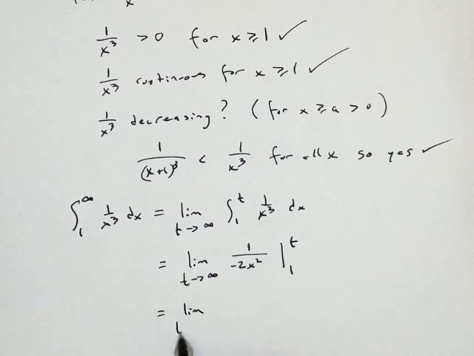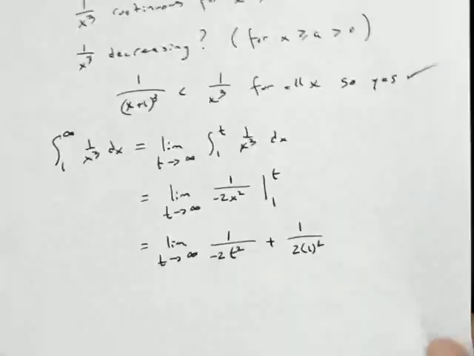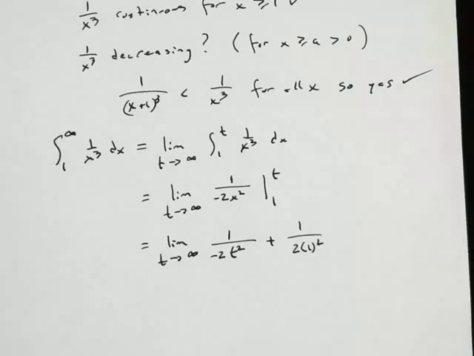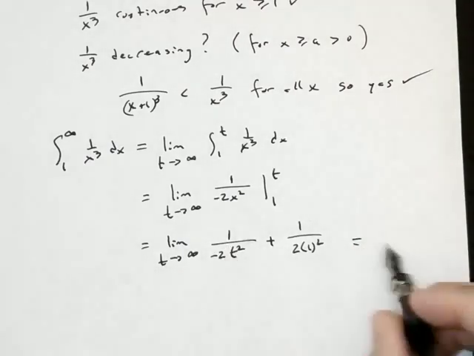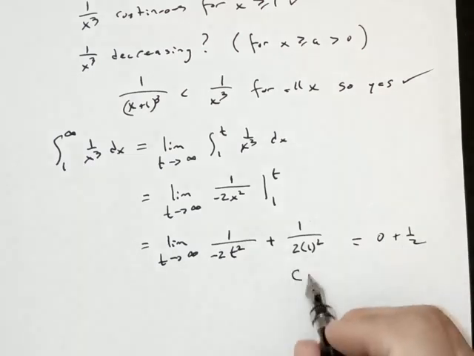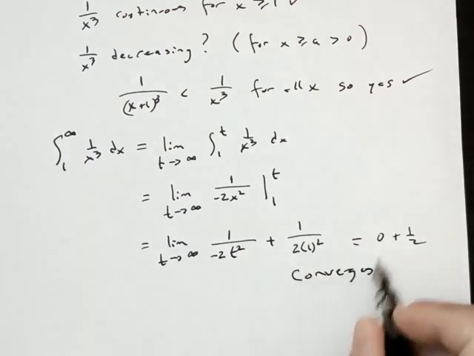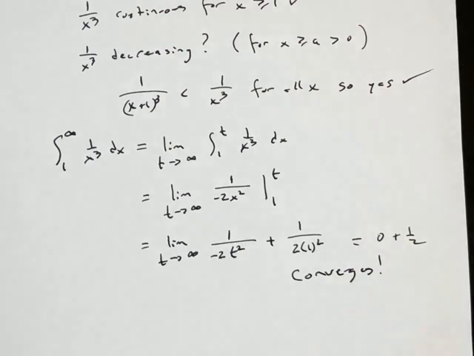So that's 1 over minus 2t squared, minus 1 over minus, which makes that a plus, 2 times 1 squared. What happens to that limit? Because that's a 0. By the integral test, since the integral converges, the series converges.